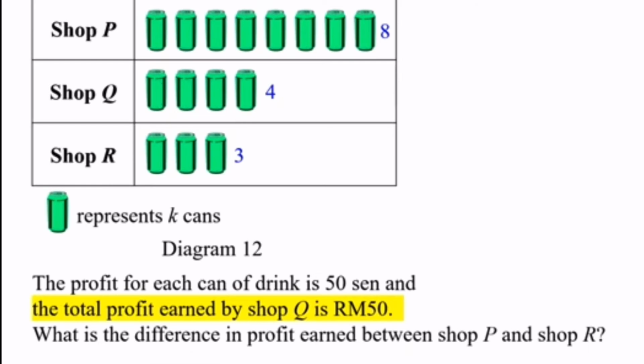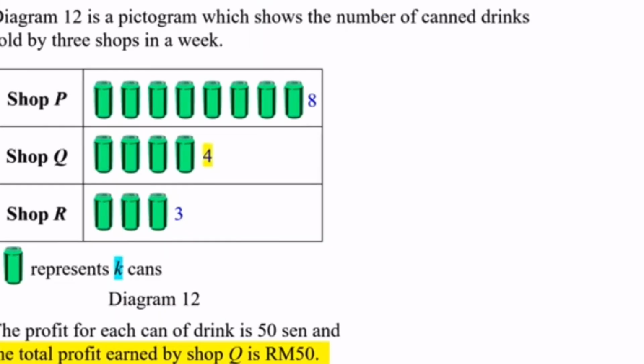So you have to find the total number for each of the shop. Shop P 8, shop Q 4, shop R you have 3. So each can represents K cans. Each green one represents K cans.